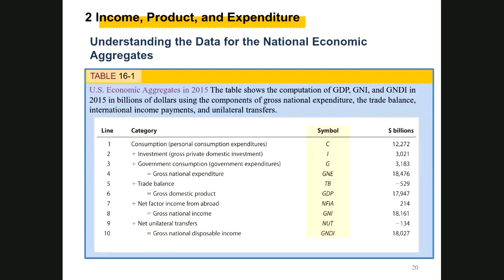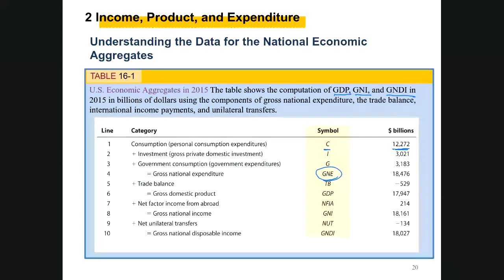Okay, so this is just to give you an example. If you know all the values of each of the categories, then you should be able to calculate the GDP, GNI, and GNDI. So once again, what is GNE?